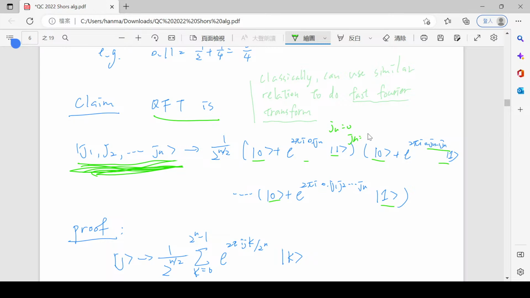If jn equals 1, then 0.1 in binary is 1 over 2, which gives a minus 1 phase. With things like 1/4, you can get i or minus i. So you have different kinds of phases from all those 0.j-something fractions.